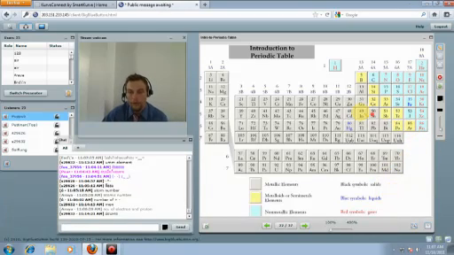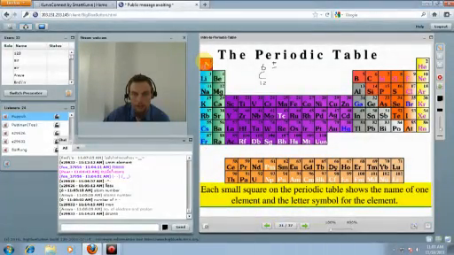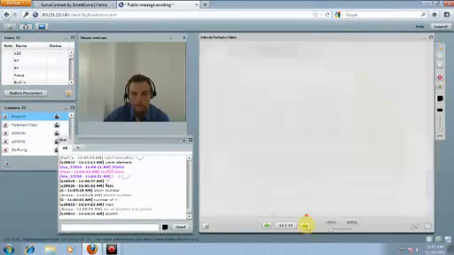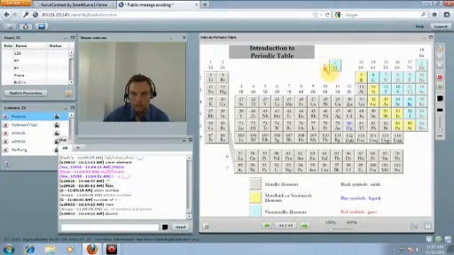Okay, so this chart is much more detailed than the last one. You may be asking, why is hydrogen floating in the middle of nowhere? It's over here, but it's here.